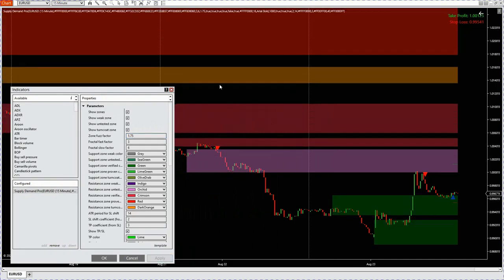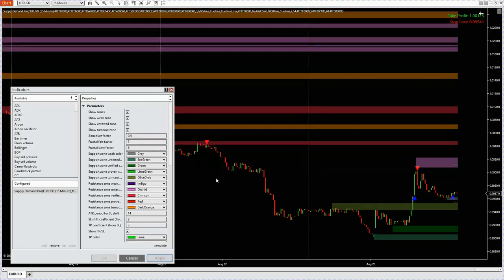It increases the size. I can also bring that down. So if I say 0.5, it decreases the size and makes them more sharp, and you can see it also increases the number of zones.